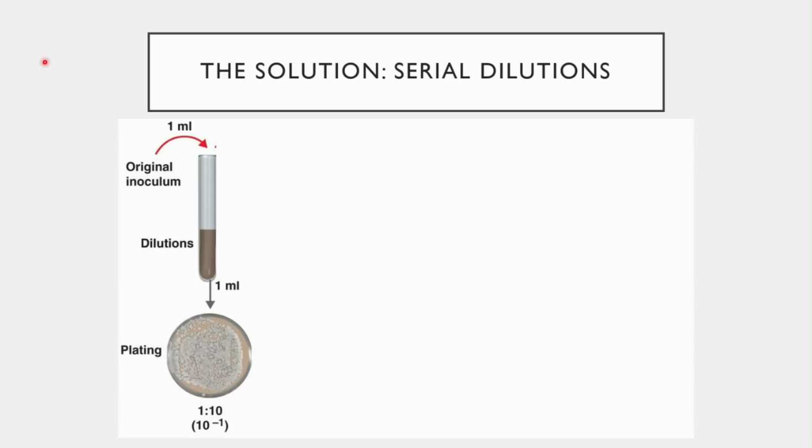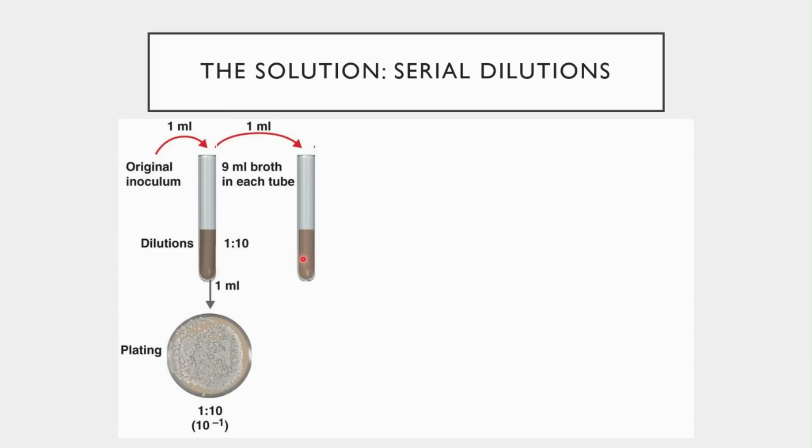Okay, 1 mL, we put it in 9 mLs. So what's our dilution there? Well, we added 1 mL to 9 mLs, so the total volume is 10 mLs. So it's a 1 to 10 dilution. We take another mL of this broth and put it into a new tube of 9 milliliters.